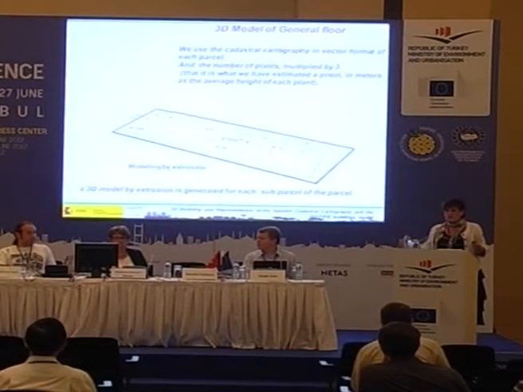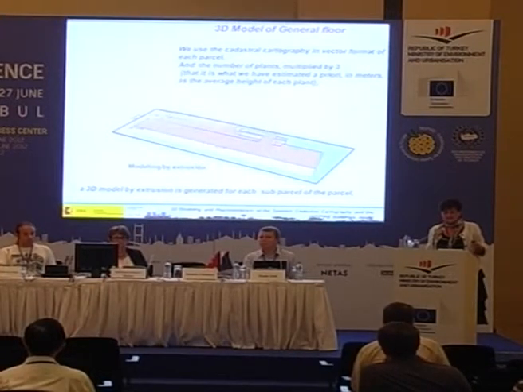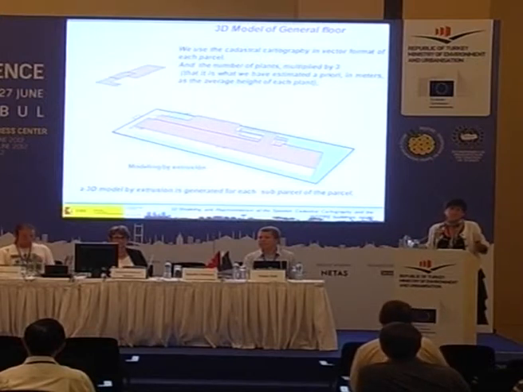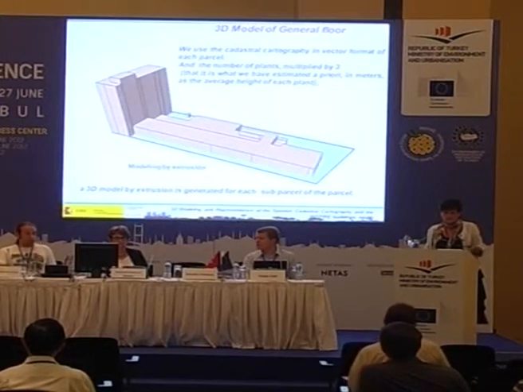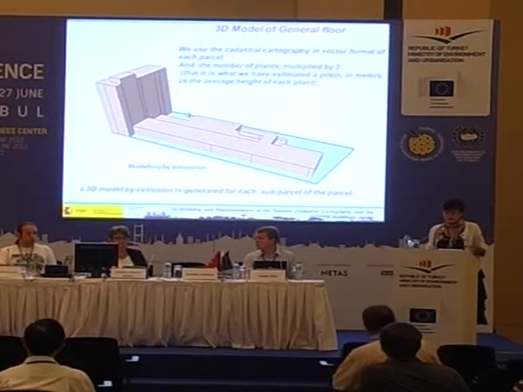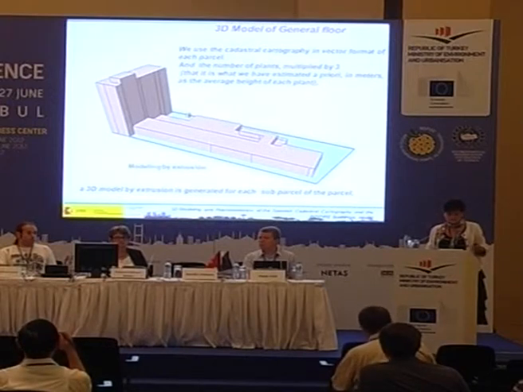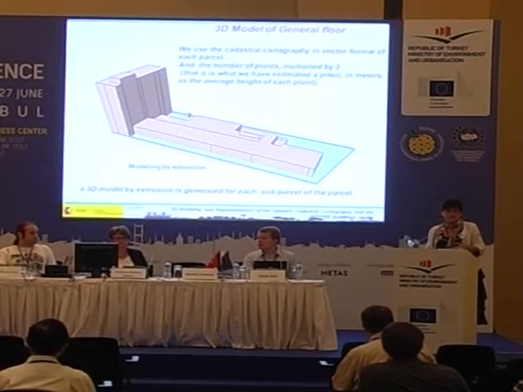In the general floor model, we use the cadastral cartography in vector format of each parcel and the number of floors multiplied, for example, by 3. That is what we have estimated a priori, in meters, as the average height of each floor. The 3D model by extrusion is generated for each subparcel of the parcel to describe the model well.